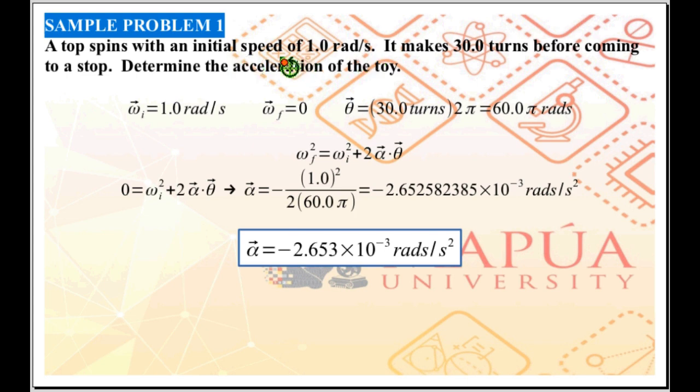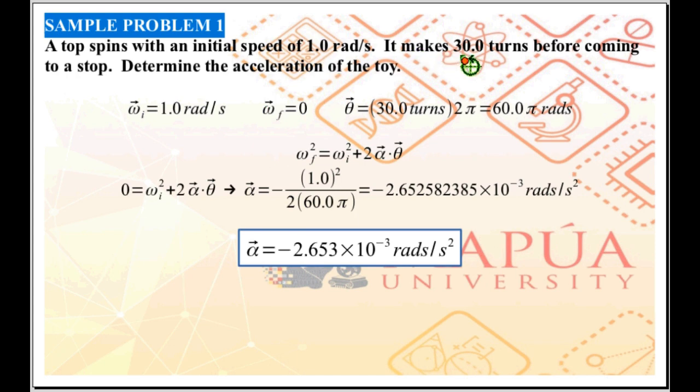The initial velocity of the top is omega initial equal to positive 1 radian per second. Eventually, the top comes to a stop, so the final angular velocity is 0.